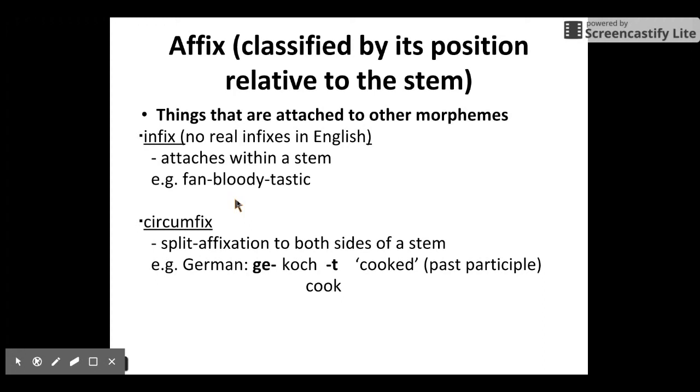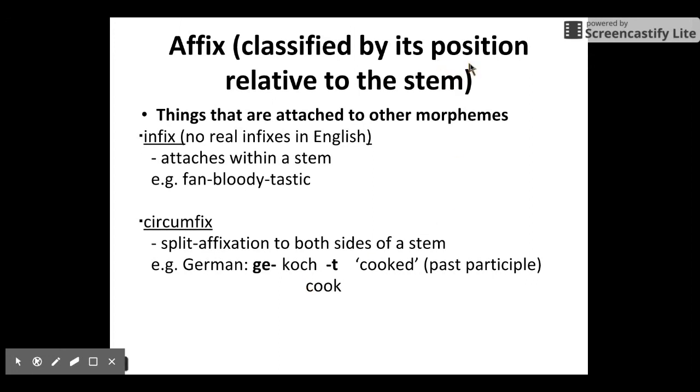We don't have a real infix in English, but bloody is something close to an infix, like bloody-tastic, right? And in other languages, like German, we have circumfix. So the affix just surrounds the stem.